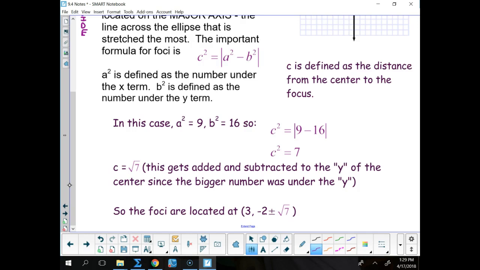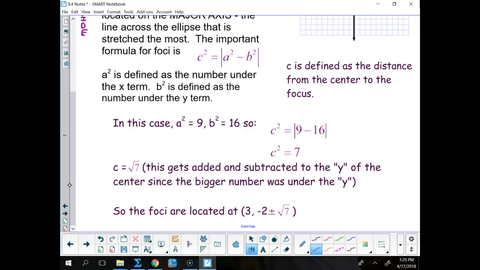That, along with the fact that your major axis was vertical, and y is the vertical variable, the square root of 7 is going to be added and subtracted to the y value of the center. So the two foci are located at 3, comma, negative 2 plus the square root of 7, and 3, comma, negative 2 minus the square root of 7.